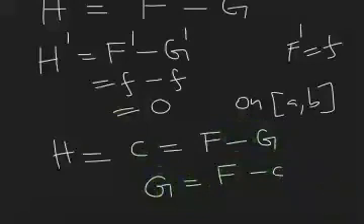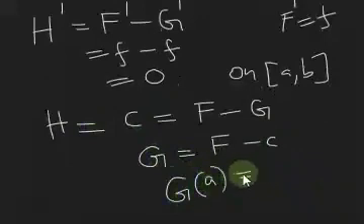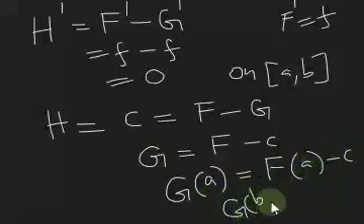So let's compute G of a. G of a is uppercase F of a minus c. Uppercase G of b is equal to uppercase F of b minus c.